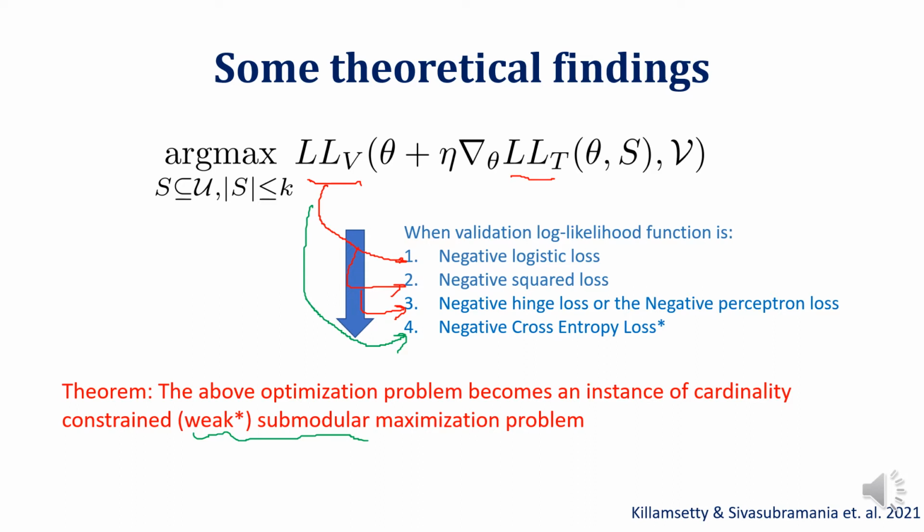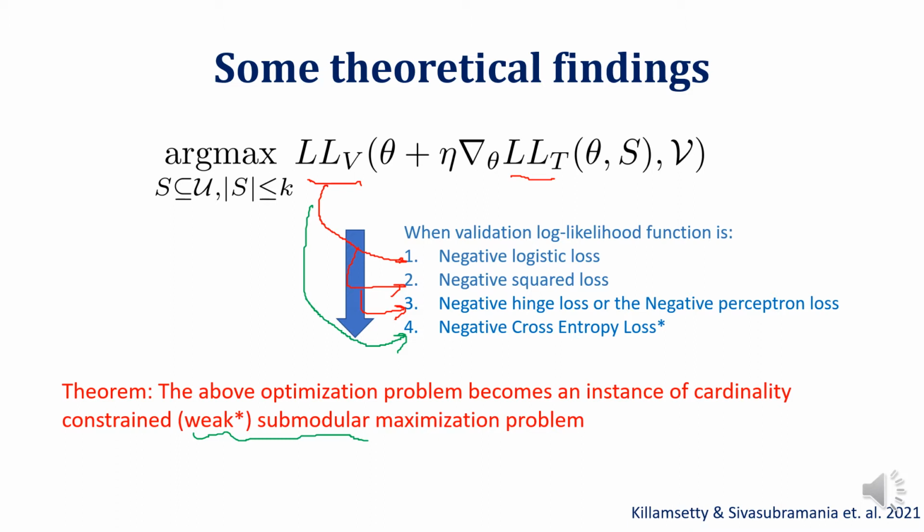However, if the validation set log likelihood is either negative logistic loss, or negative squared loss, or negative hinge loss, or the negative perceptron loss, which is a reasonably wide variety of loss functions that get employed in real world machine learning, then in all these cases, the optimization problem becomes an instance of the cardinality constrained submodular maximization problem, which means you have 1 minus 1 over e approximations for the greedy algorithm.